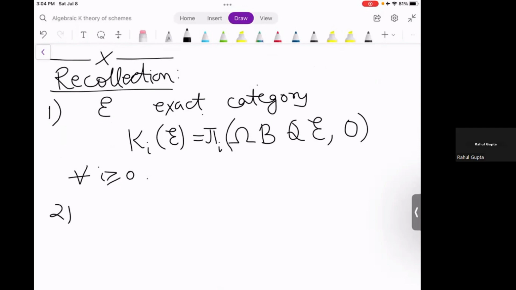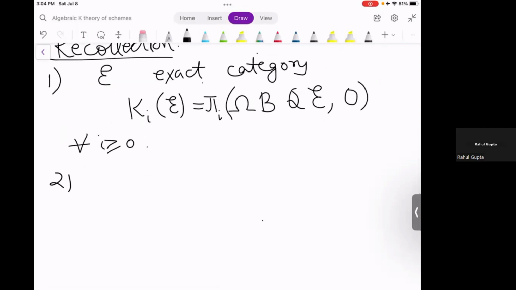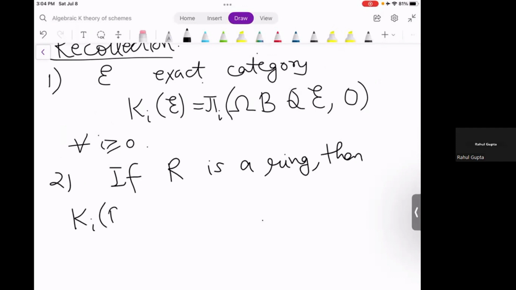The second thing we saw in the last lecture of Girja was that if R is a ring, then you can define the K-theory of the ring R as follows: you take GL infinity of R, do the plus construction of Quillen, tensor with the Grothendieck group, basically, and take the pi i's of this.